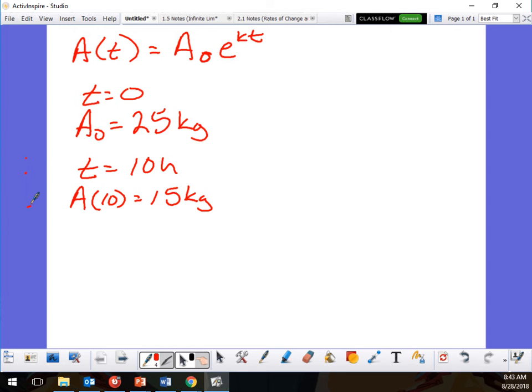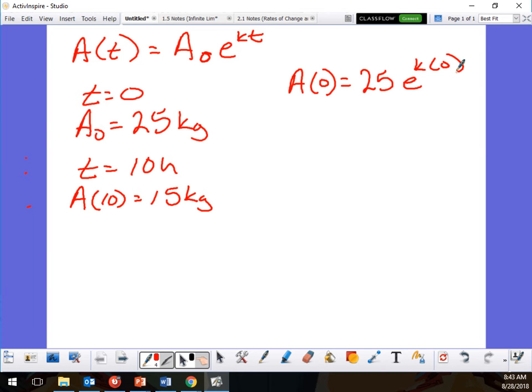So let's see. If I have A of 0, that's going to be A sub naught, which is 25, e to the k times 0. That's the formula that we have. It's on the paper. Okay, so starting when time is 0, we have how much? Very good.